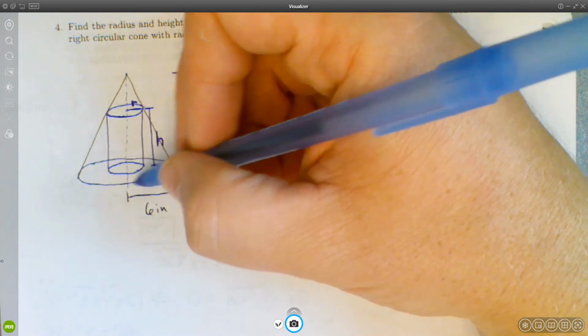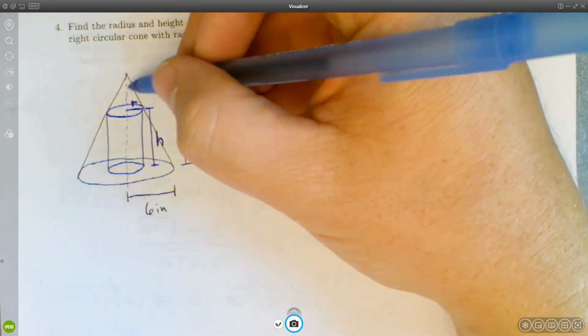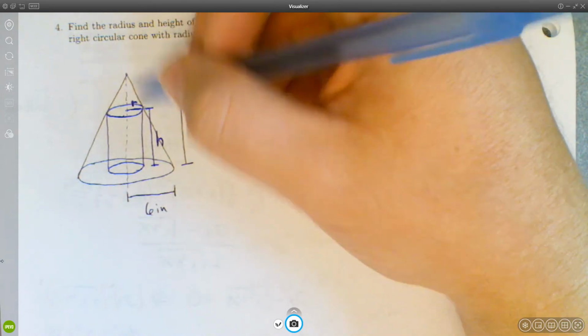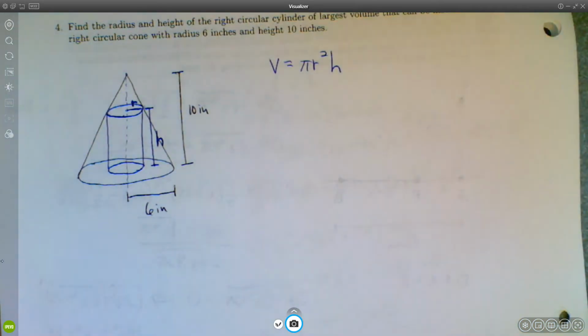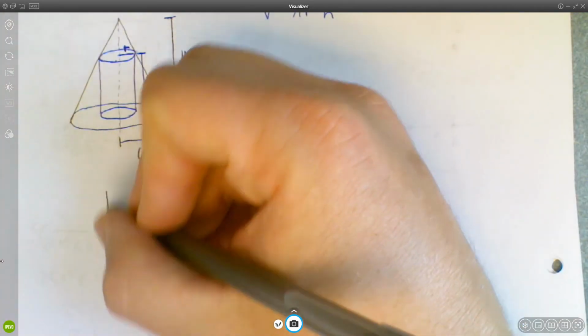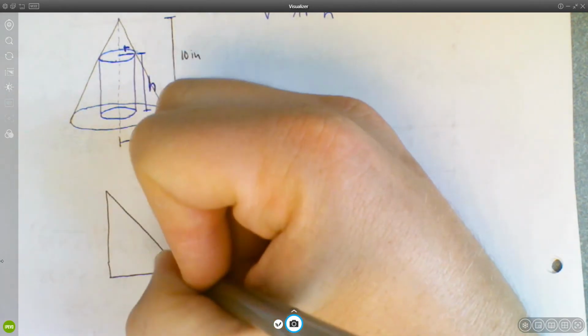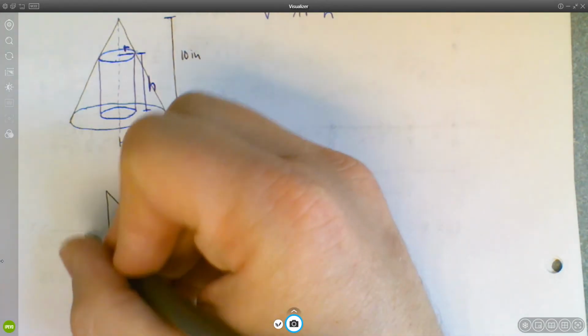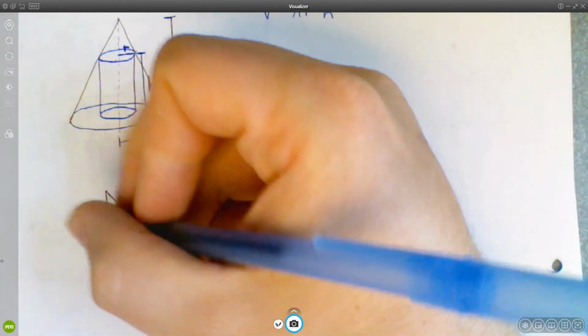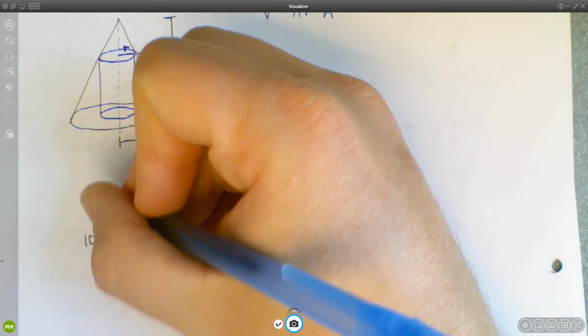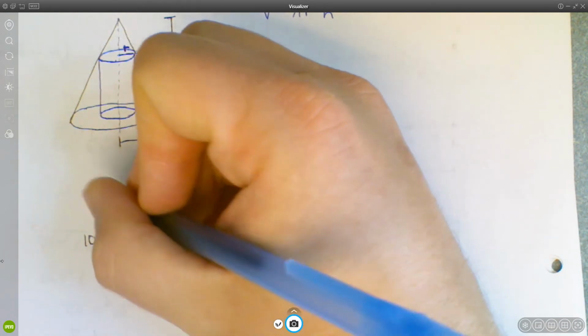You have a right triangle here, and then another smaller right triangle here, and they're similar triangles. So I'm just going to redraw that, right? This is what you've really got. This is 6, this is 10. But then you've got a smaller little right triangle inside of it.